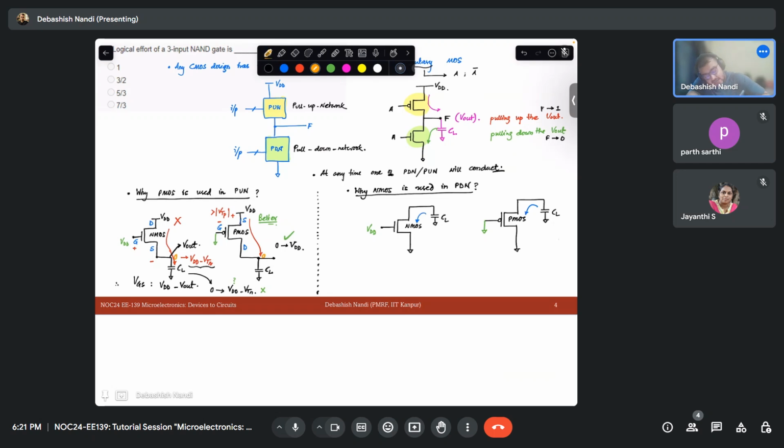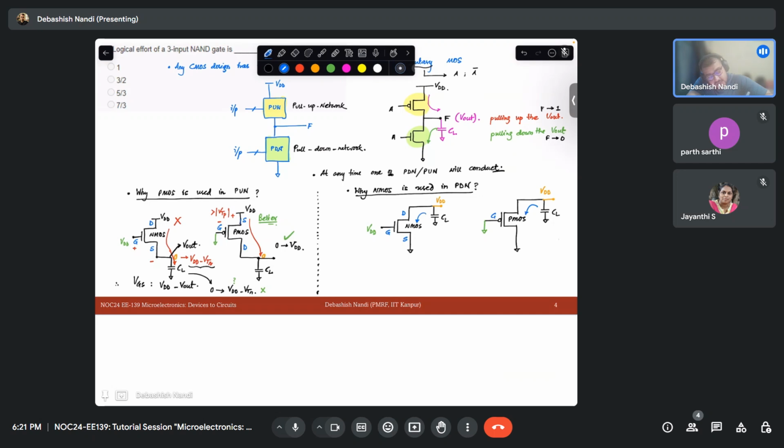Let's assume that initially it was charged to VDD, okay, and we want to see till what point it will get discharged. So again we will understand the same way, that this is my gate, this is source, this is drain in case of NMOS.